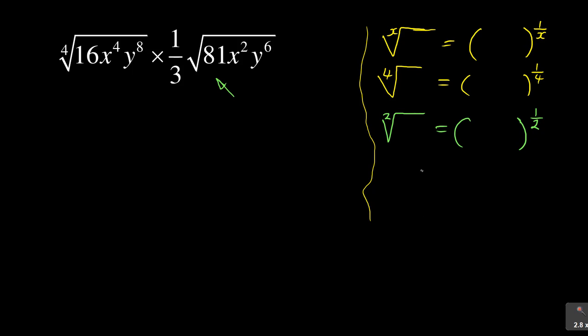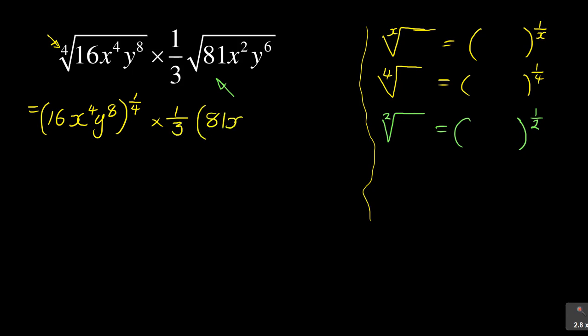So which means if they gave you, in this case, a 4, if we can say this continues to be equal to, they gave us a 4 there. Now this particular 4, we're supposed to say this is 16 x to the power of 4, y to the power of 8, and then you're going to say 1 over 4 times 1 over 3, again put a bracket, which is 81 x squared y to the power of 6 to the power 1 over 2.